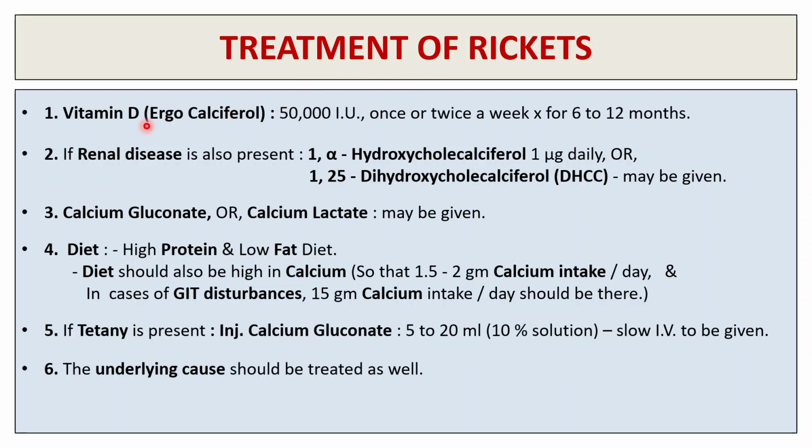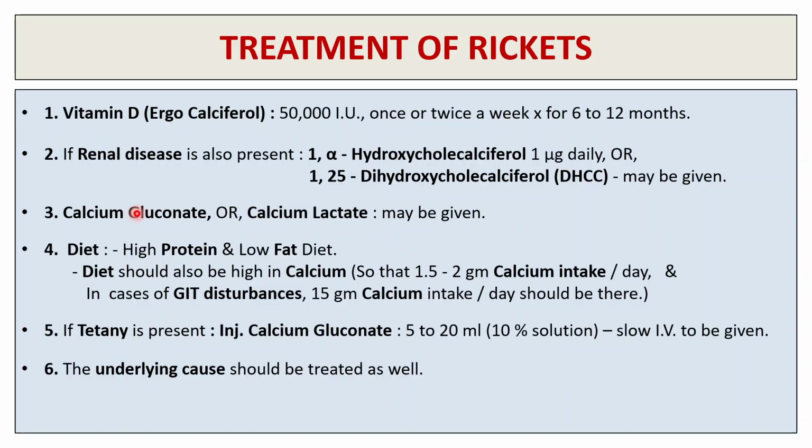Treatment of the rickets. Vitamin D ergo calciferol can be given 50,000 international unit once or twice a week for 6 to 12 months. If renal disease is also present, then 1-alpha hydroxycholecalciferol, 1 microgram daily or 1,25 dihydroxycholecalciferol DHCC may be given.